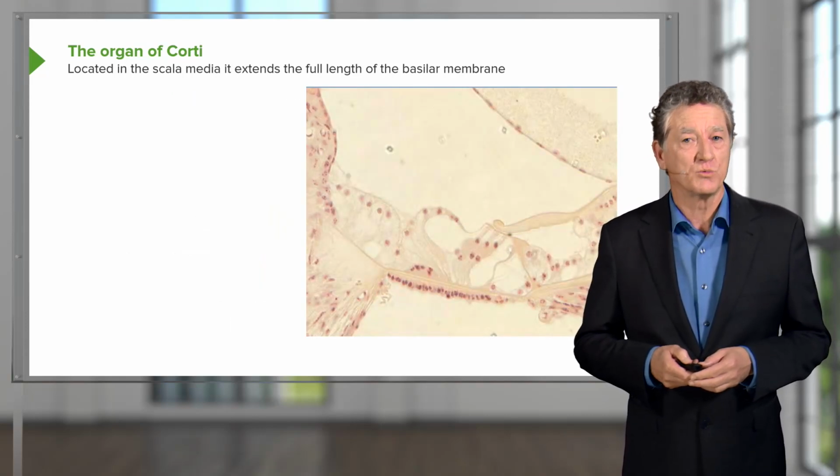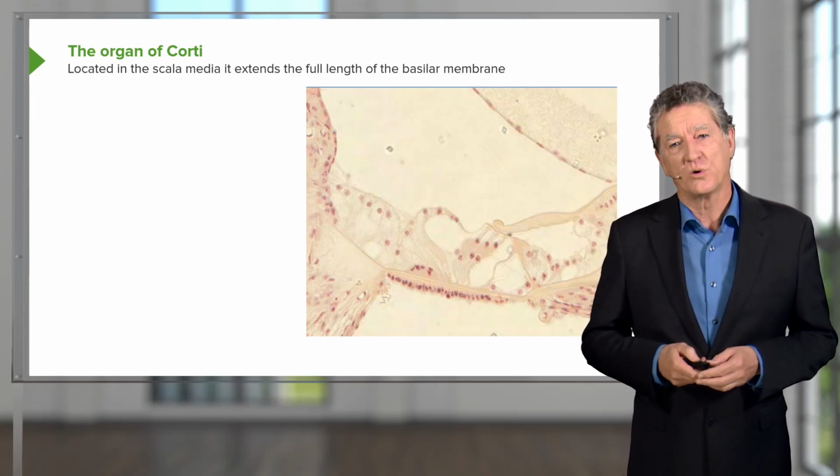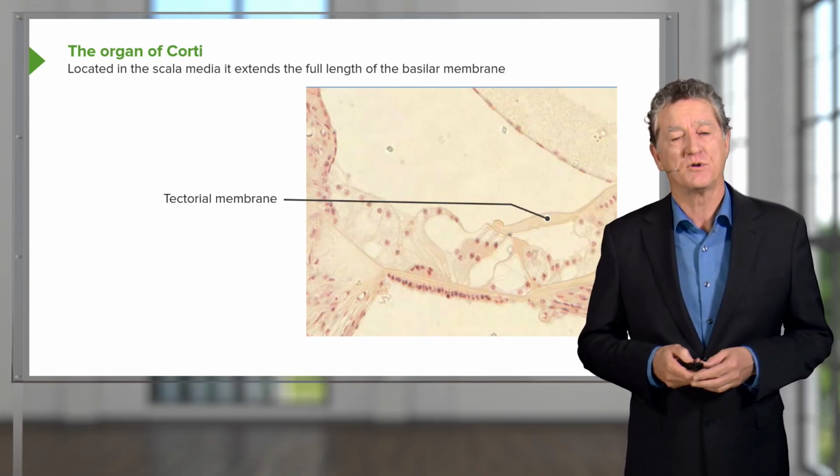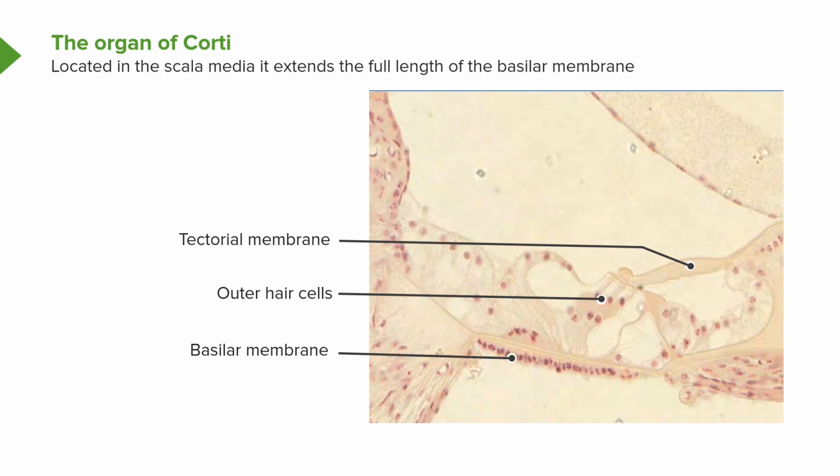Well, let's have a look at the real section, a histological section through the organ of Corti. And again, we can label the tectorial membrane almost in contact with the hair cells. Outer hair cells sitting on the basilar membrane there, and the inner hair cells will sit on there as well.